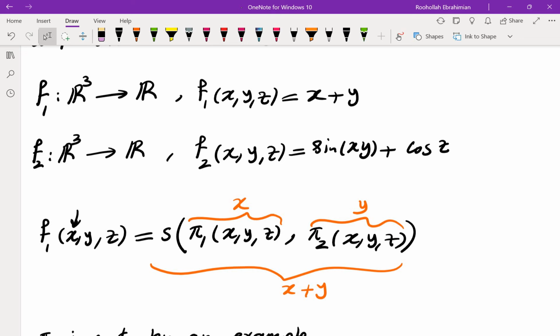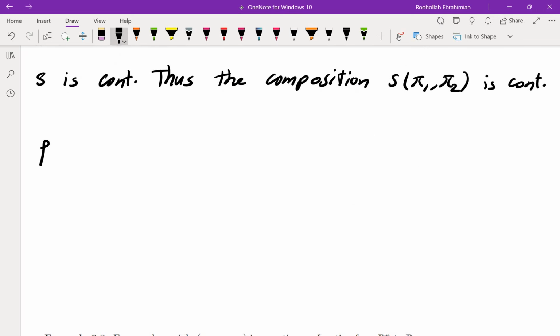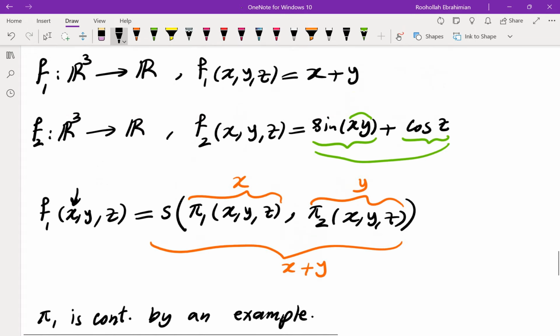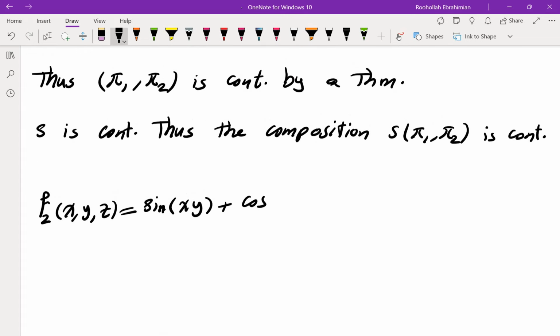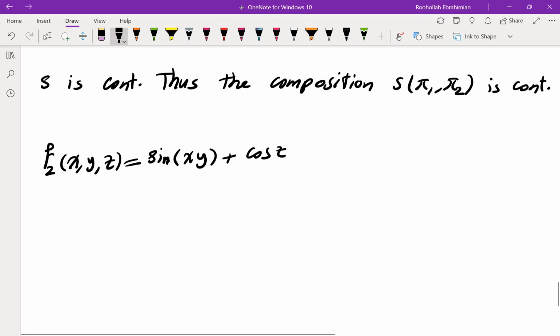The second one, we'll have to look at this one, show this is continuous, and then the sum is continuous. We know product is continuous, we know sine is continuous, so we're going to just do that. So f2 of xyz is equal to, let me just rewrite it first, sine of xy plus cosine of z. Okay, so first it is a sum.